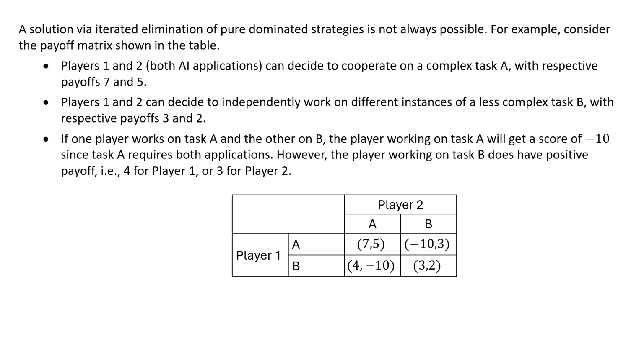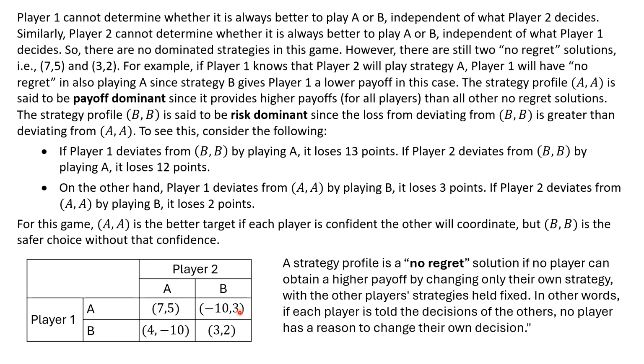possible in this case. I copied our game from the previous slide here, and the first point is player 1 cannot determine whether it is better to play A or B independent of what player 2 decides. You can see that here. Player 1 has a better strategy A if player 2 plays A, because 7 is better than 4.